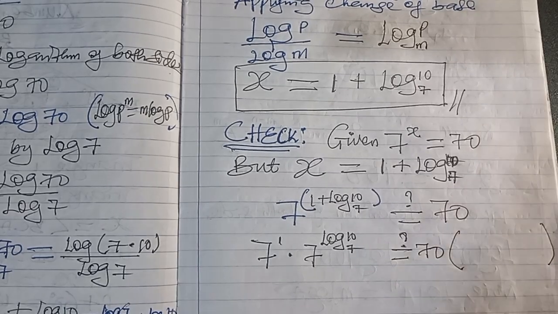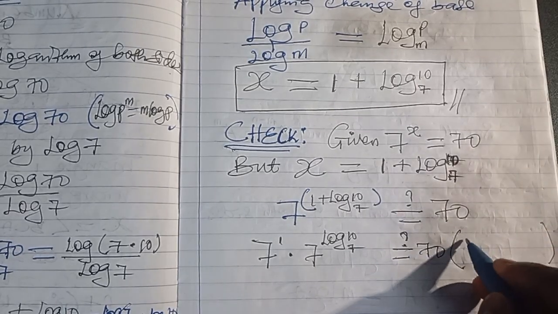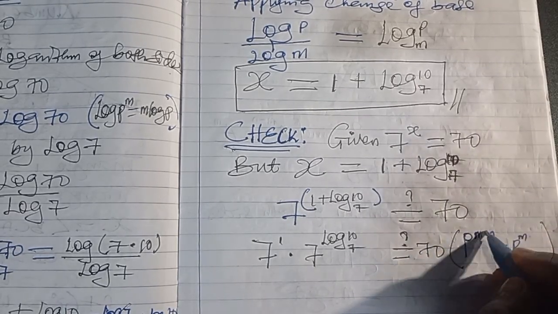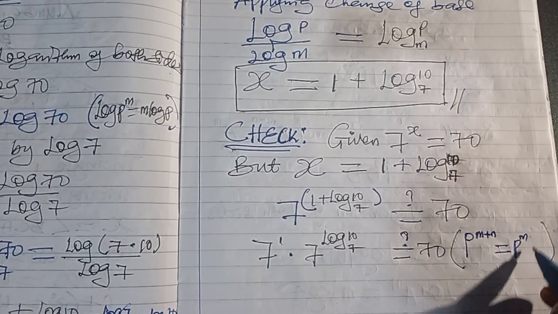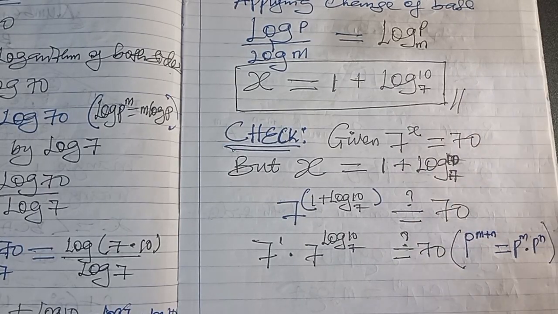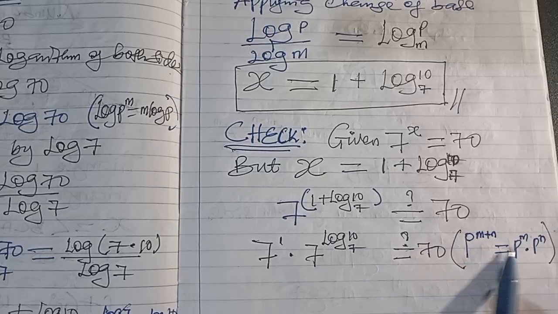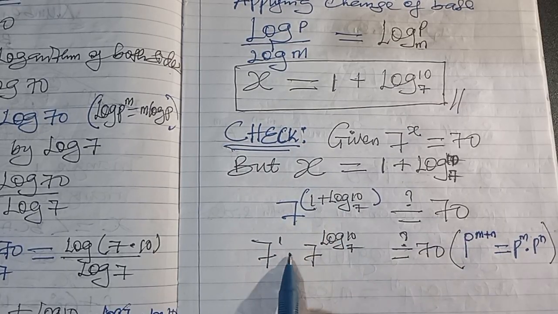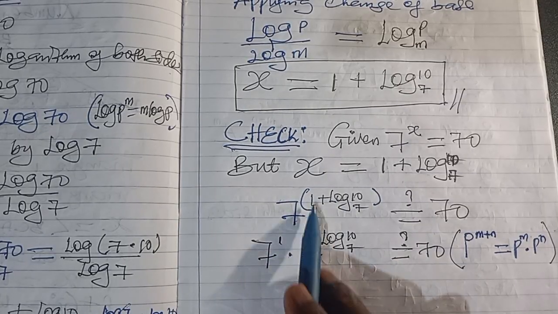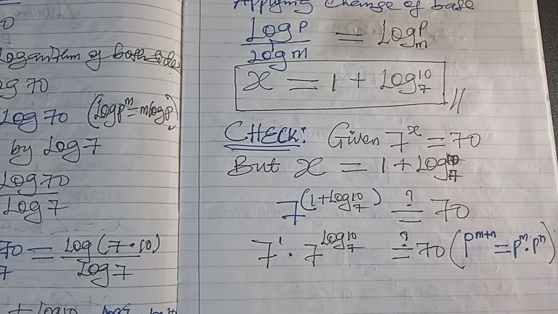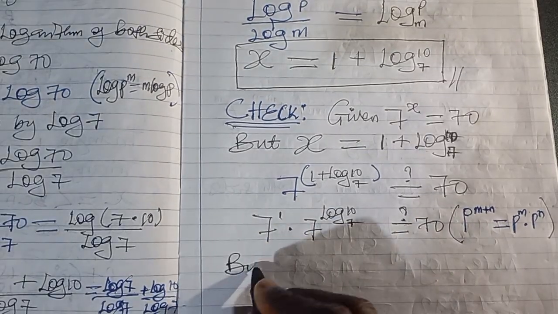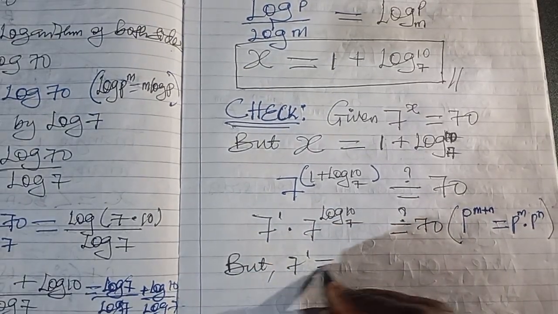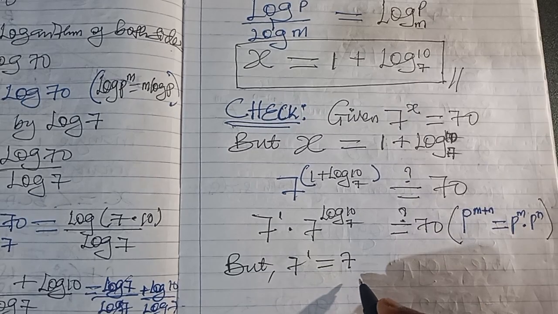This rule, I applied it from P raised to power m plus n, same as P raised to power m multiplied by P raised to power n. So from this rule of indices, that is what I have applied here, to have 7 raised to power 1 multiplied by 7 raised to power this log. They have the same base, so you add the powers. See it here. Let's proceed. But 7 raised to power 1 is 7, just like a raised to power 1 is a.